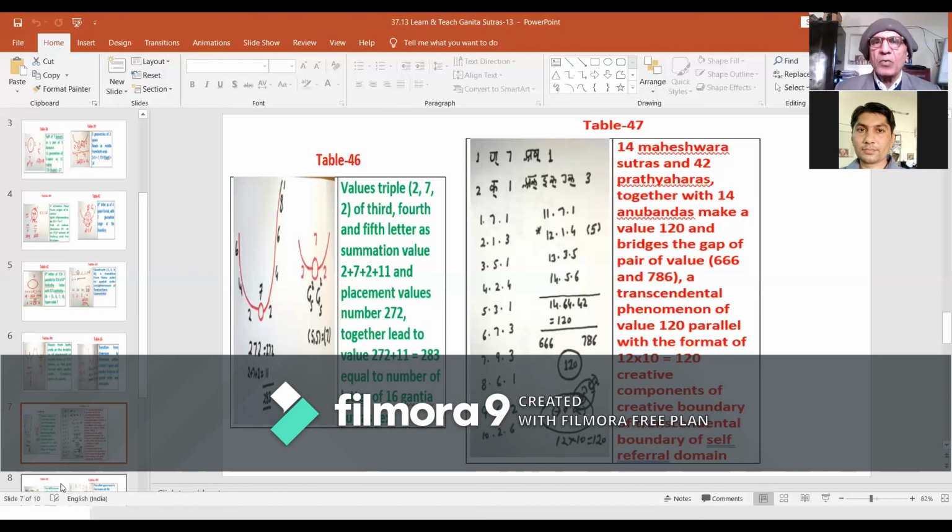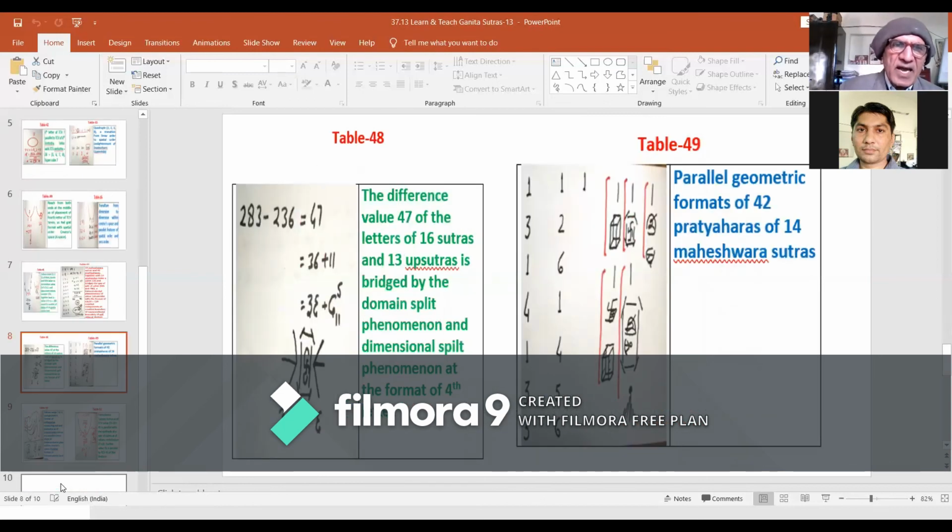A step ahead, we can glimpse how the difference value 47 of the number of letters of sutras and upsutras on the one hand, and 272 leading us to value 11, and the dimensional split within creator space as value 36 makes value 47.